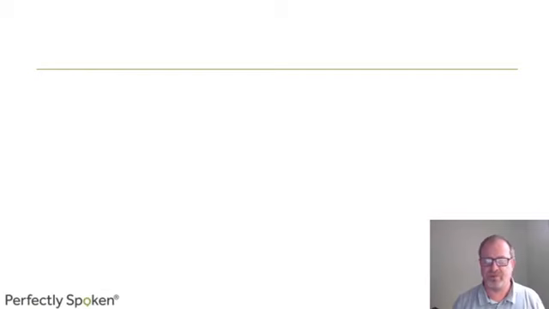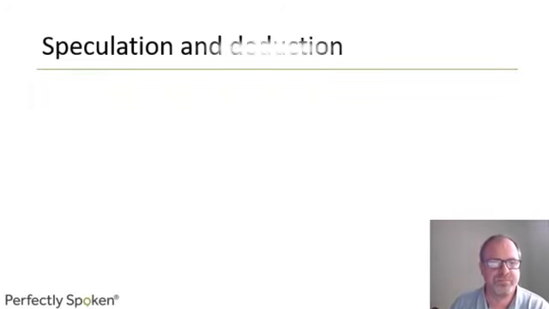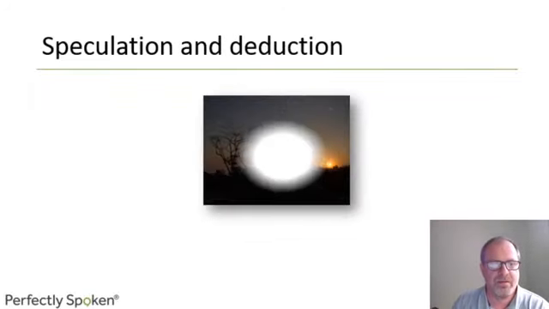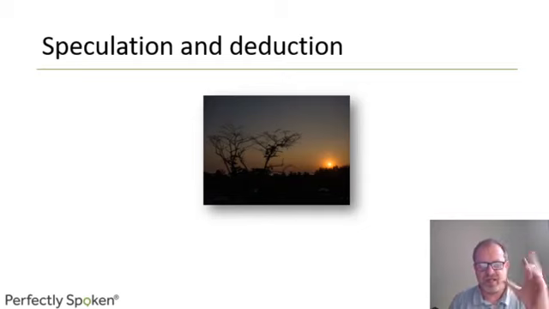Okay, so let's look now at some more examples and see if you can guess what we need to say in each case. Okay, so here we go. So this is starting to get dark.